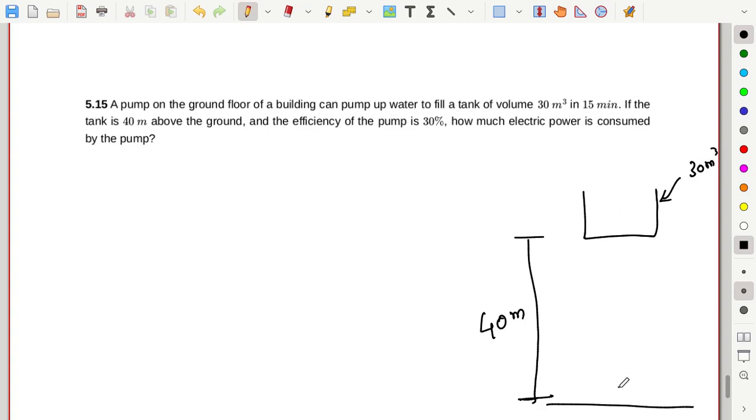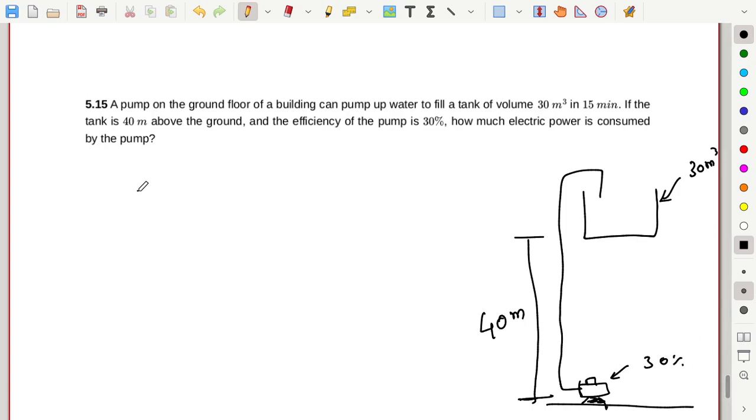Water is pumped from a motor. This is the motor which pumps the water. The efficiency of the motor is 30%.